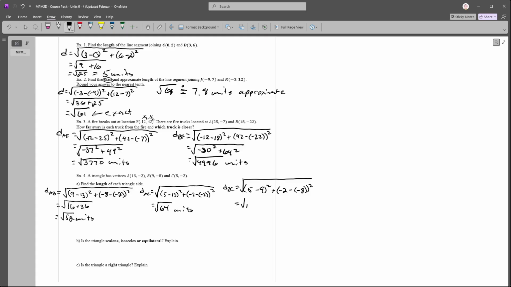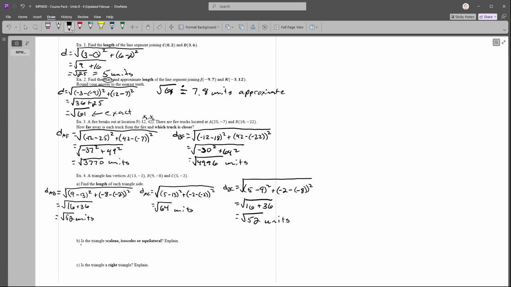That's going to give us 16 again. We're going to add on to that -2 minus -8. Sorry, -2 plus 8 is 6. Squared is 36. Write our line over there, and we end up with the square root of 52. Okay, now some of you will be looking at that and say, ooh, that looks interesting.